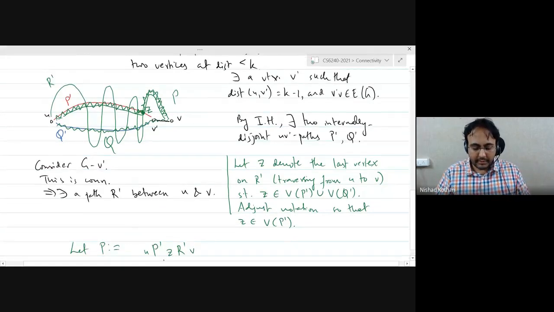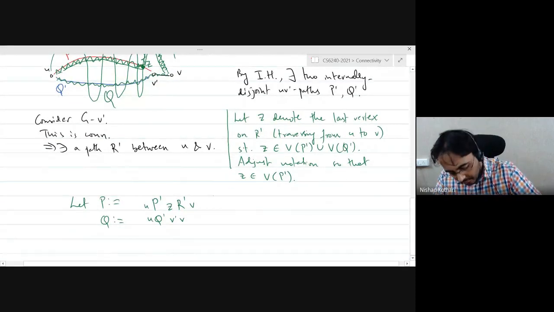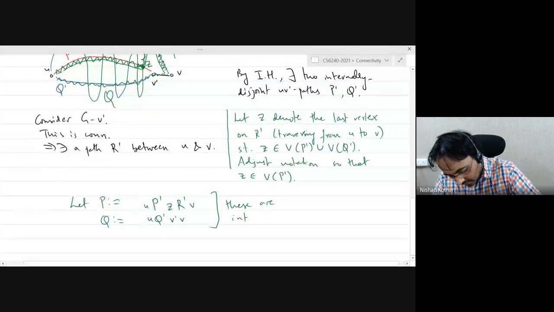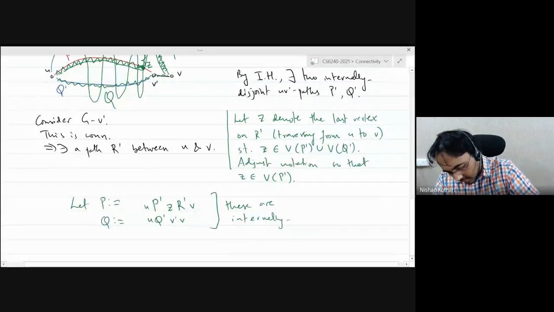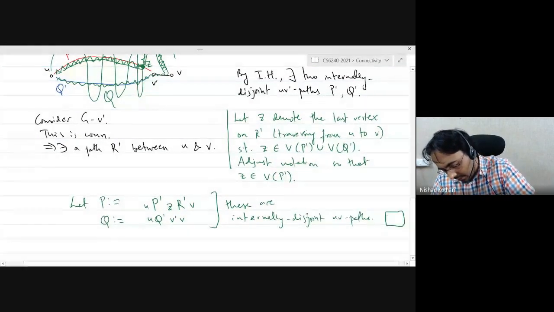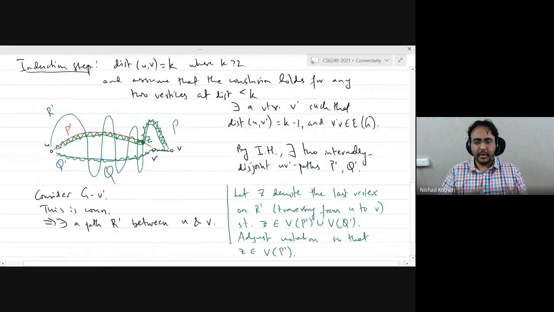And observe that these two paths are internally disjoint UV paths. And that completes the proof. Is this proof clear?